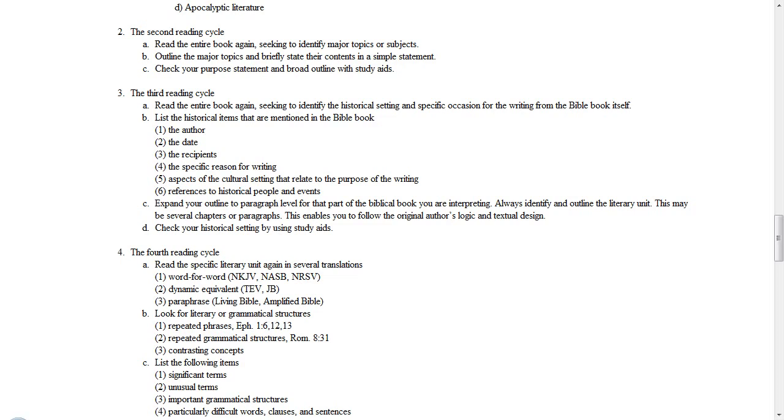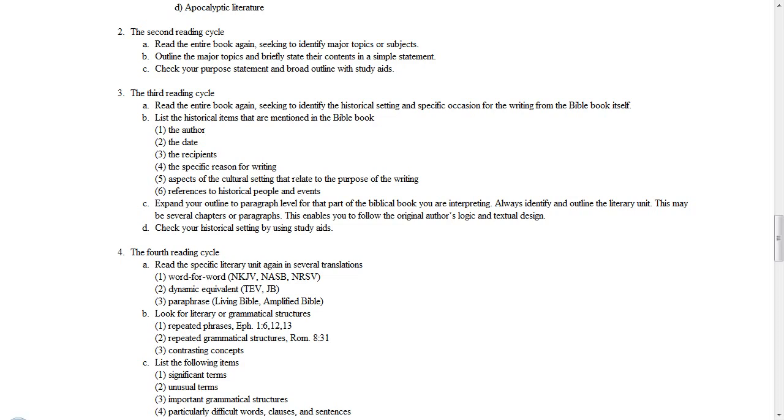Always identify and outline the literary unit. So your literary unit may end up being several chapters. It may not be. But a literary unit, basically what that means is you're expanding your outline to the paragraphs, and you're paragraphing the letter.